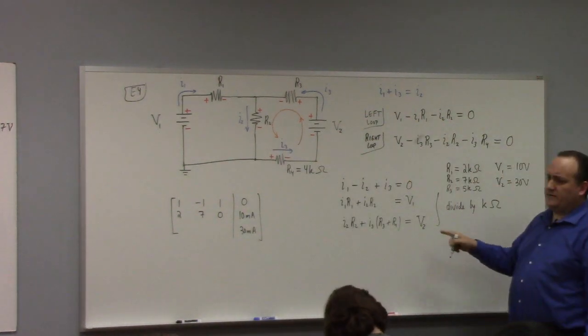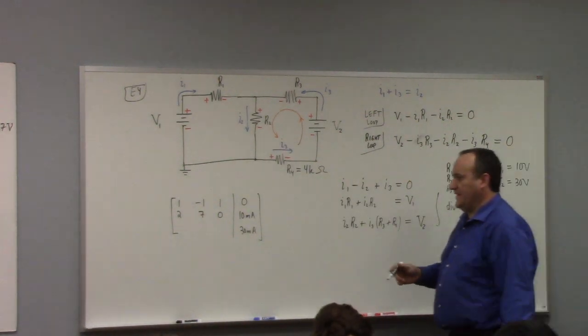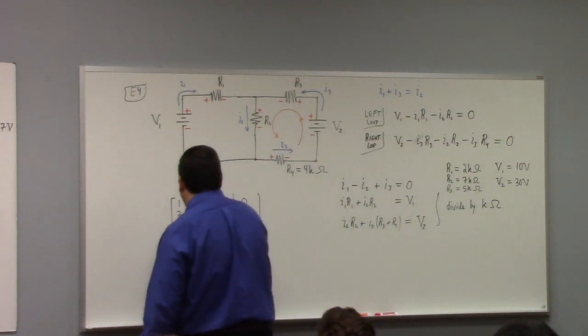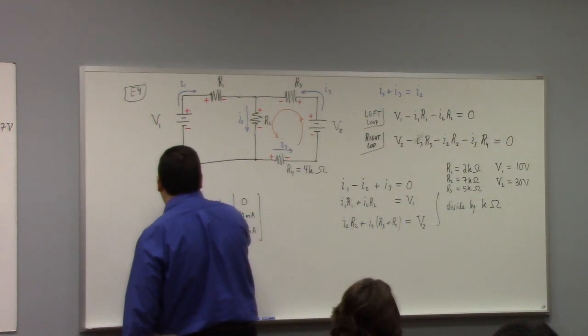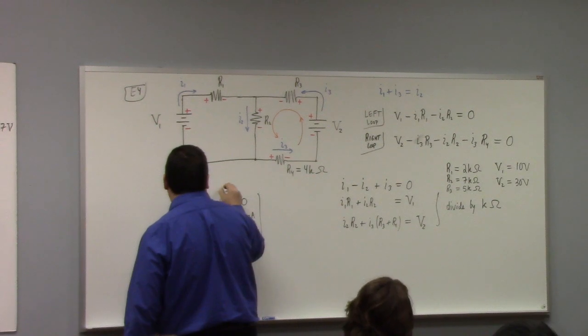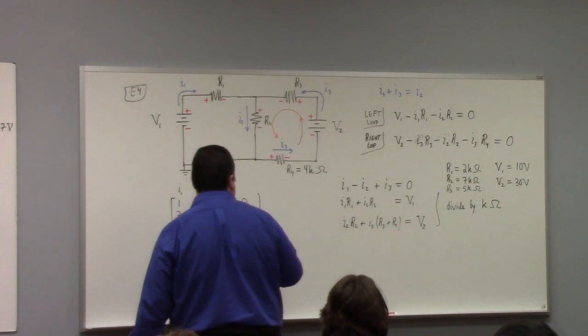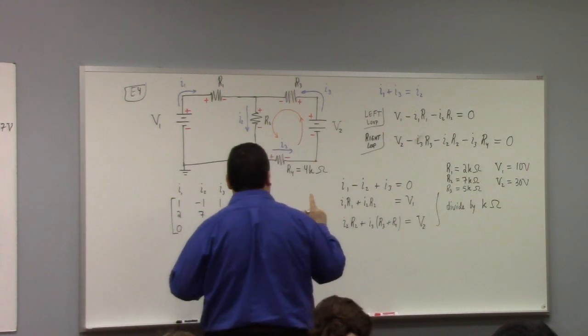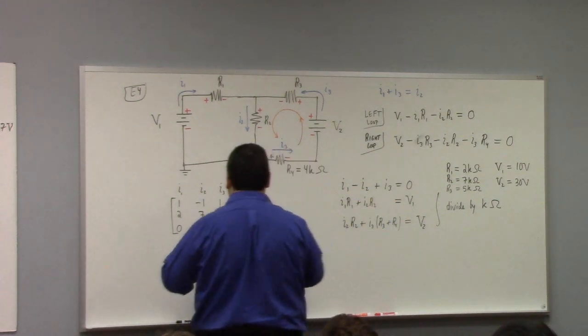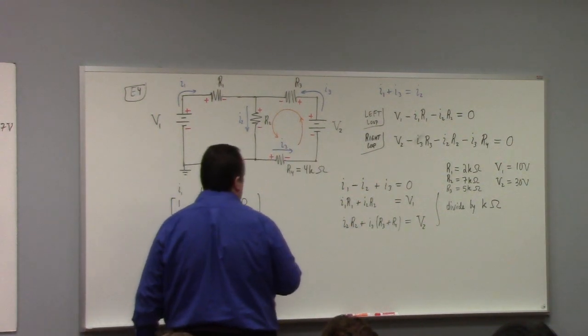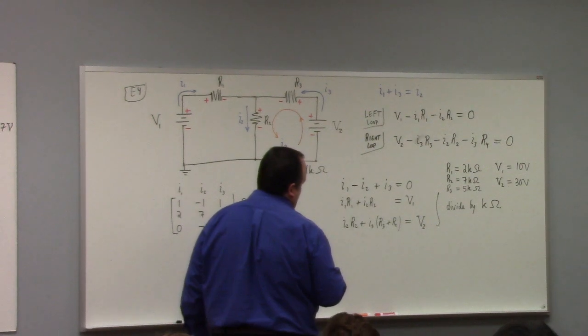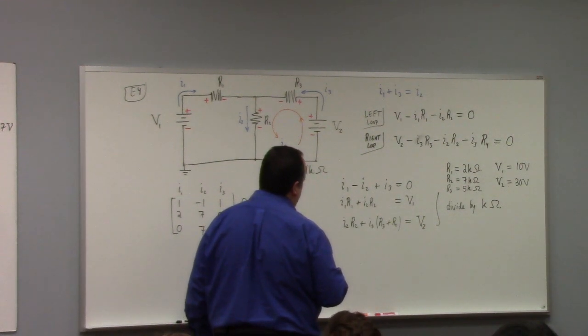Here I have no I1 term, so there's a 0 in the I1 spot. So this is the I1 spot, this is the I2 column, this is the I3 column, and my R2 was 7, and R3 plus R4 is 9.